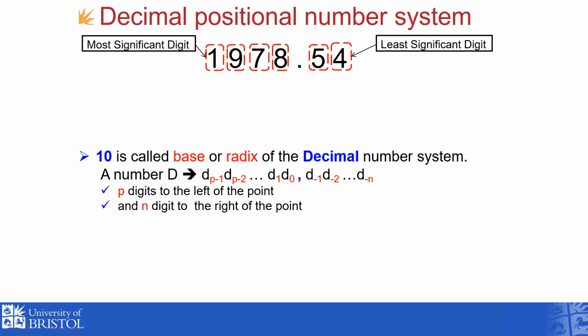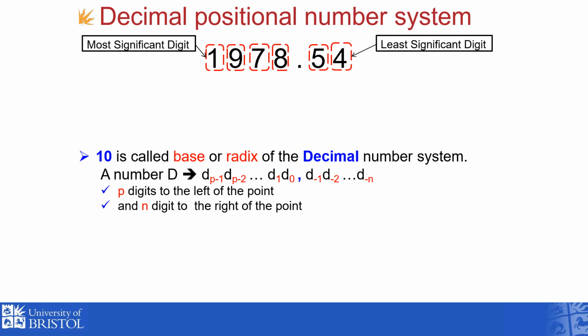Now, we assume that there are p digits left of the point, in this case p equals 4, and we also assume that there are n digits to the right of the point, in this case n equals 2. So a representation of number d is along these lines over here. You can describe a number as this.